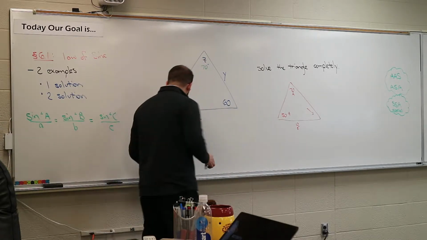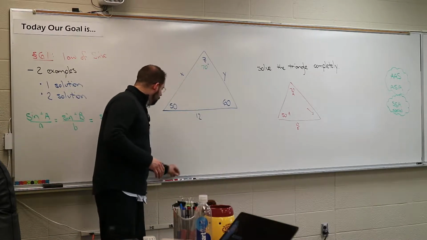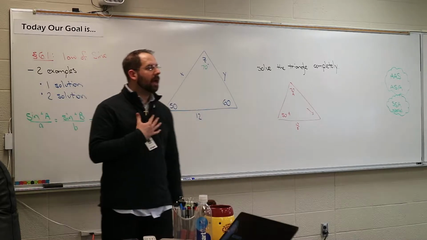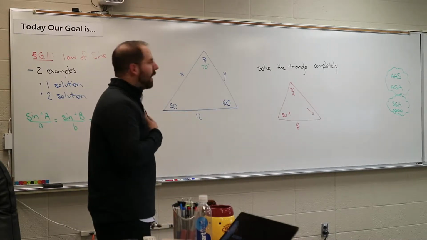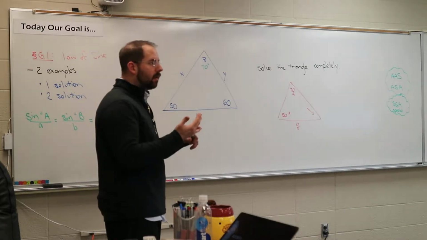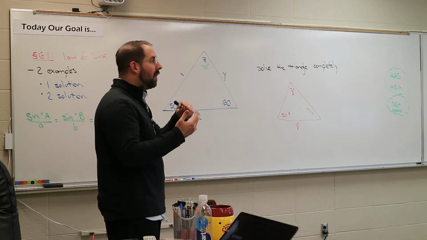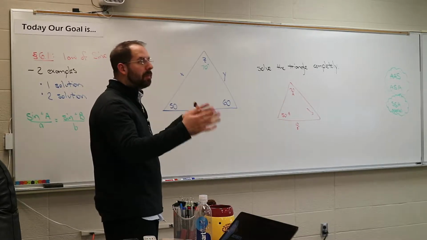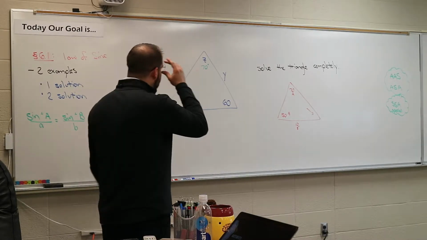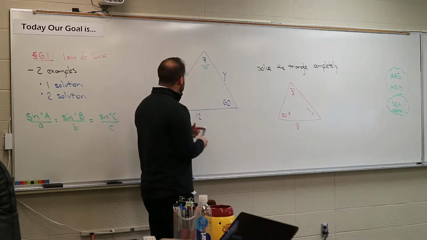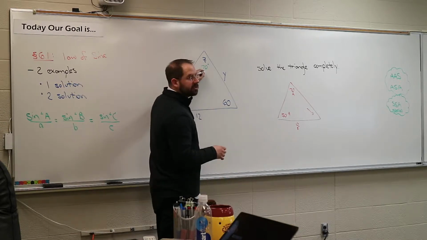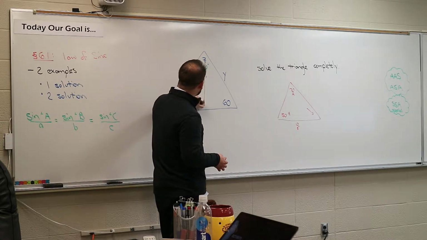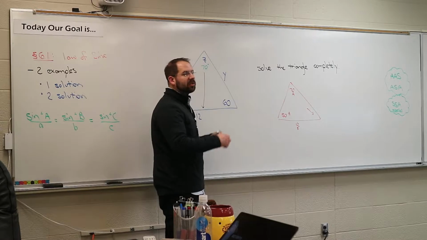So it was just one of those things that, when I look at one of these problems, I look to see, do I have at least one angle? We have an angle, the wall opposite of it, and some other piece. That's what I'm looking at. So when I started this problem, knowing that I could find this mystery angle and find the wall opposite of it, that's all I really needed.